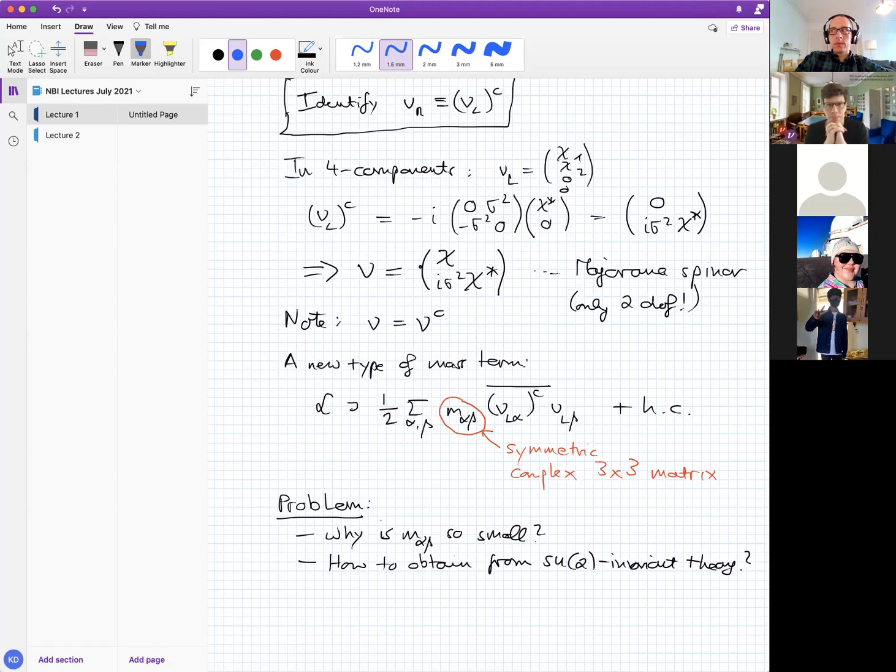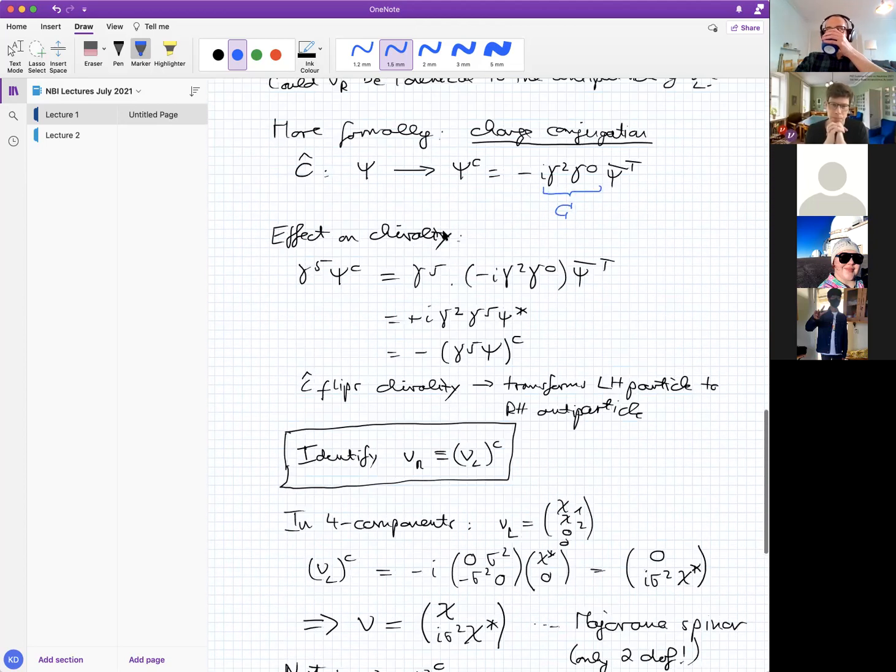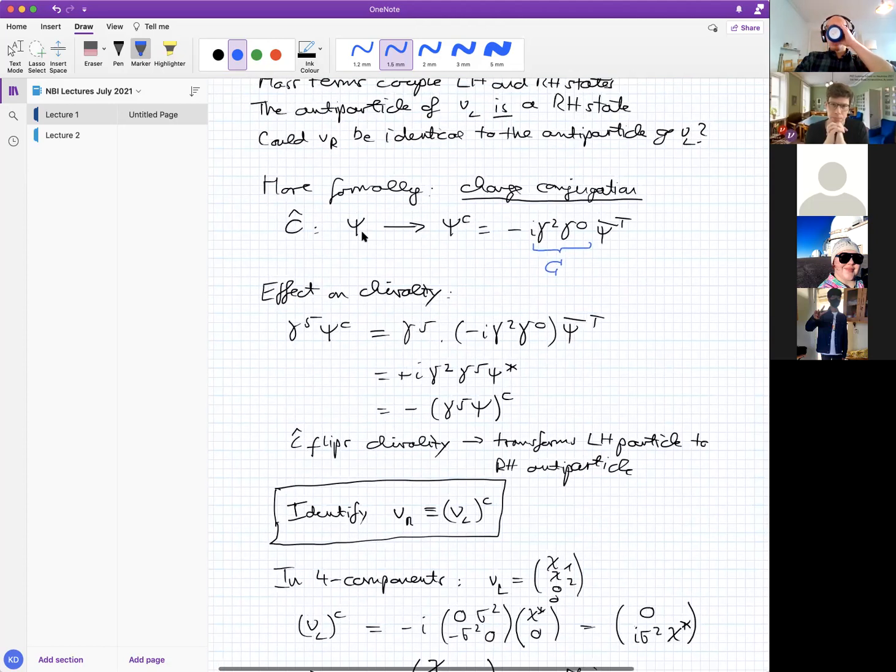We've seen that it changes a left-handed state into a right-handed state, but it also changes particle into antiparticle, because here it contains psi star. So we transform psi into an object that contains psi star, the antiparticle field. Therefore, I think both are true. It changes charge and it changes particle into antiparticle.